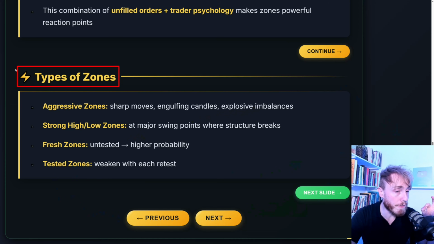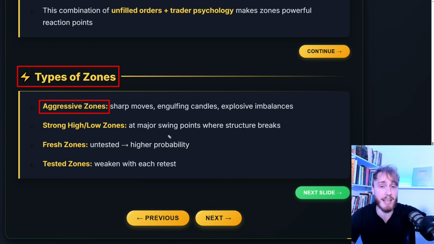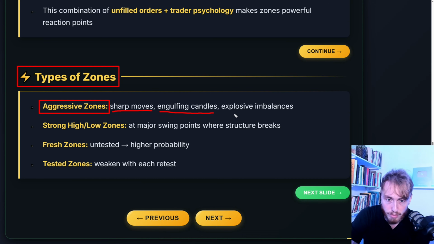And the first demand zone that is very important to learn about is something that I call aggressive zones. And don't worry, we will very soon take a look at exactly, step by step, how to identify both aggressive zones and all of these zones. But what an aggressive zone is, in simple terms, is that it's characterized by sharp and strong movements to the upside. Many times when you see aggressive zones, you will find engulfing candles.